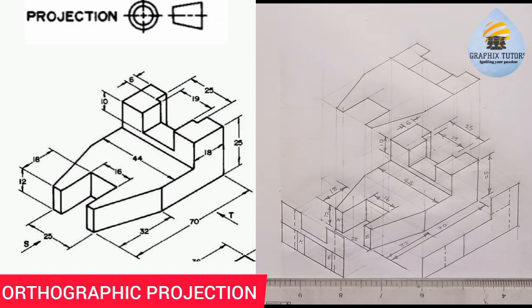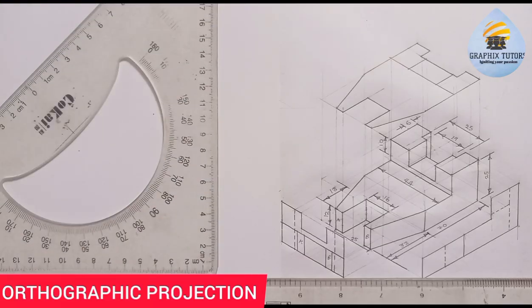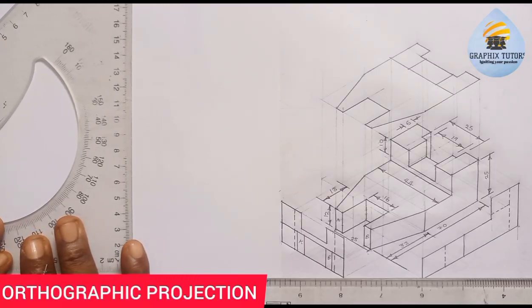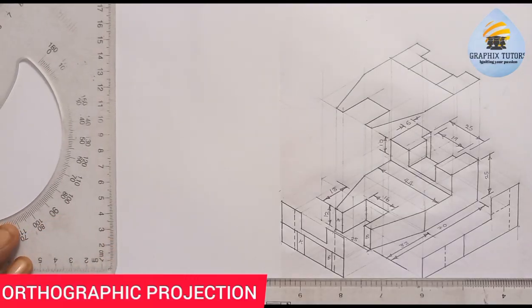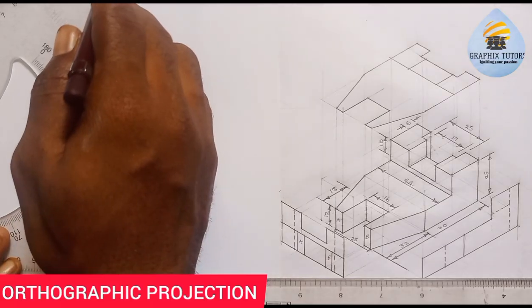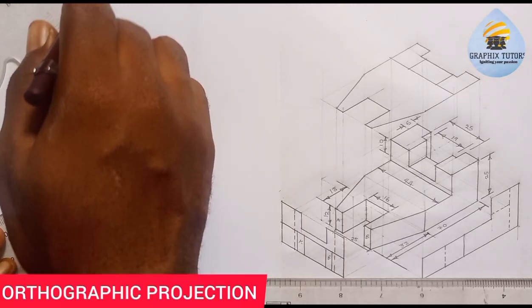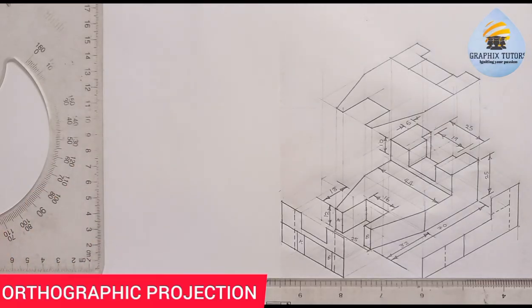So when you hear the word orthographic projection, the first thing you have to do is draw your orthographic axis, right? That is, you're going to draw your y-axis this way. Can you see that?